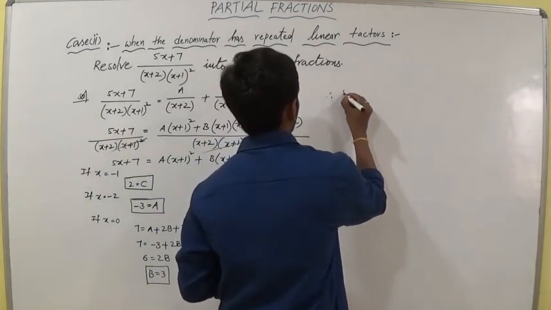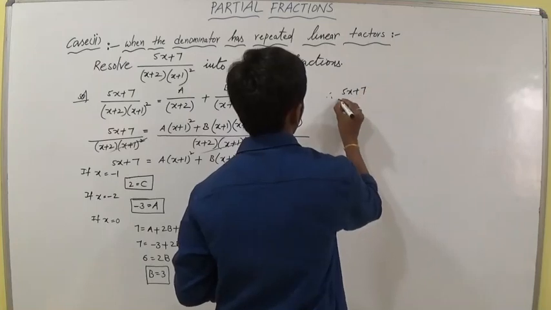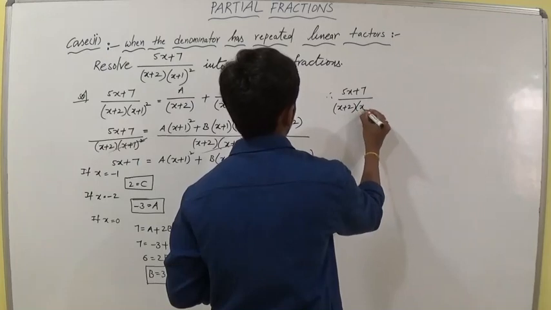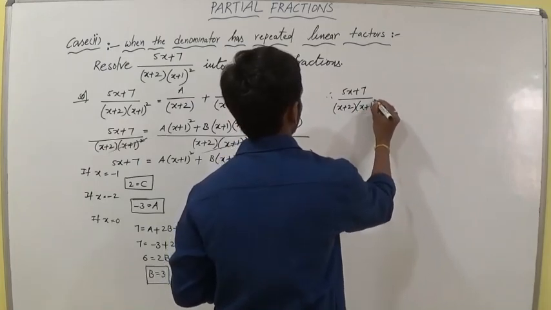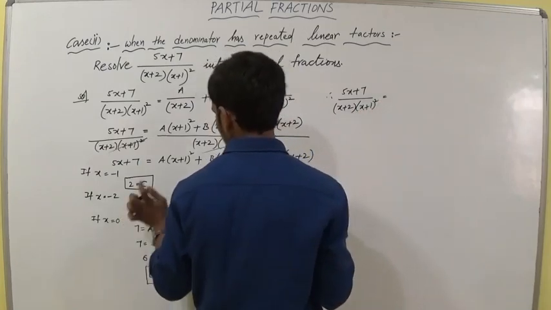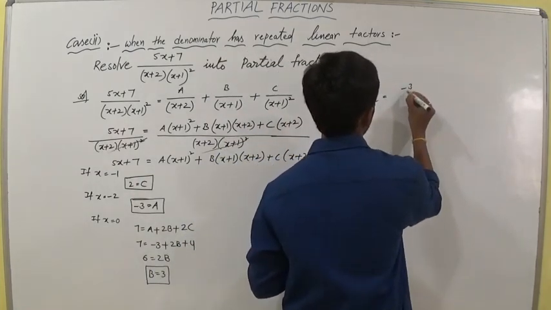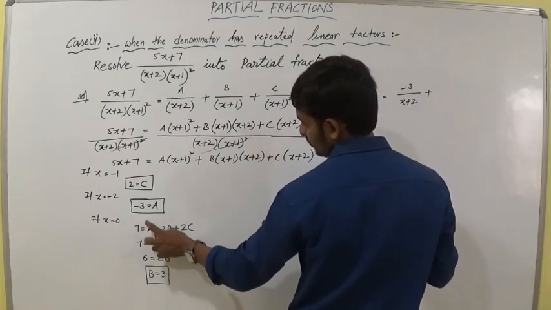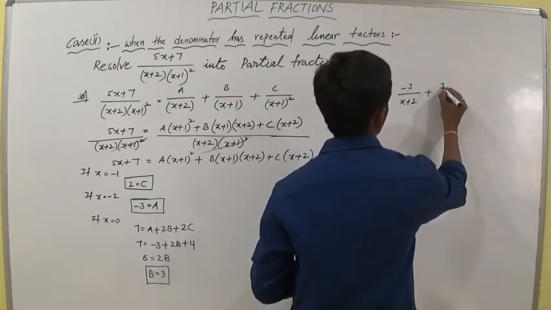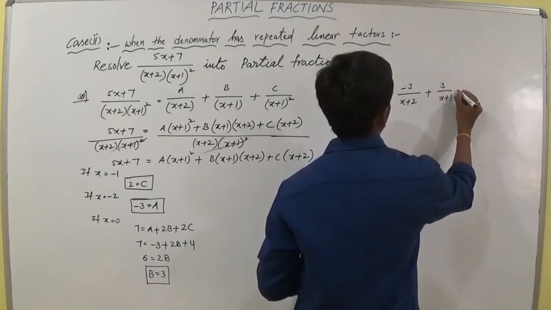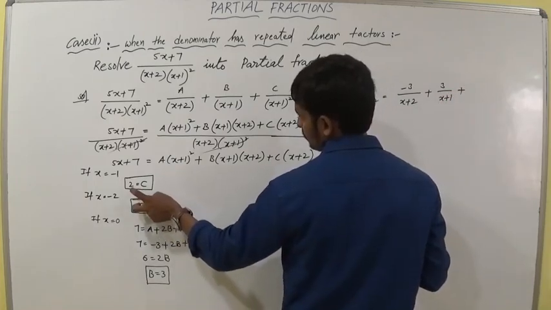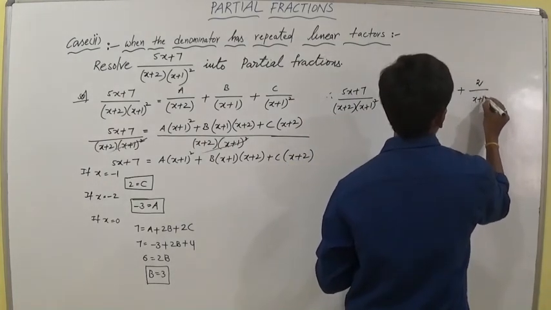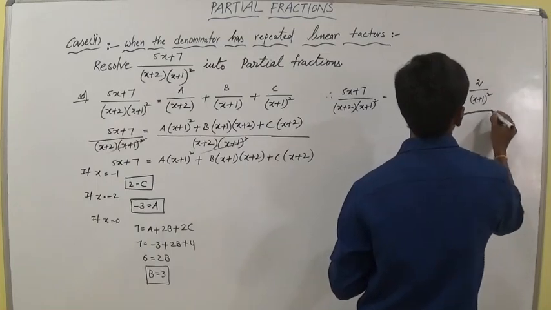Therefore, (5x plus 7) by (x plus 2) into (x plus 1) whole square is equal to, the value of A is minus 3, so minus 3 by (x plus 2), plus B value 3, so 3 by (x plus 1), plus C value 2, so 2 by (x plus 1) whole square.